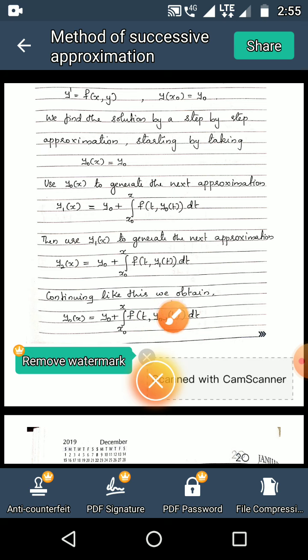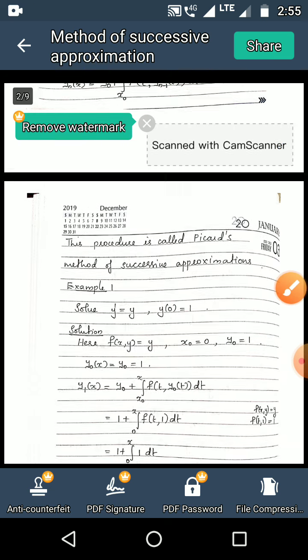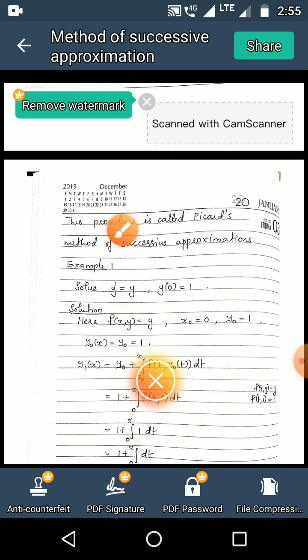The approximation just before yn of x is yn minus 1 of x, so here we put yn minus 1 of t, with the variable changed to t. And this procedure is called Picard's method of successive approximation.